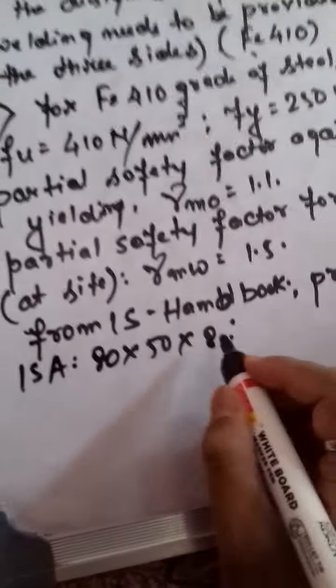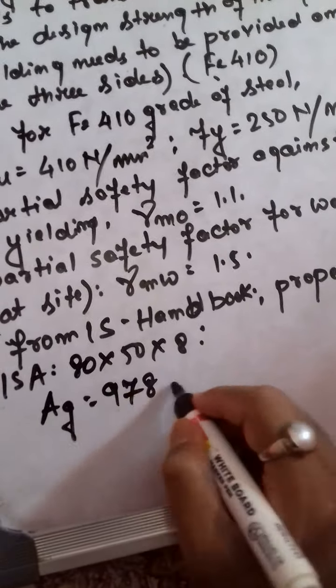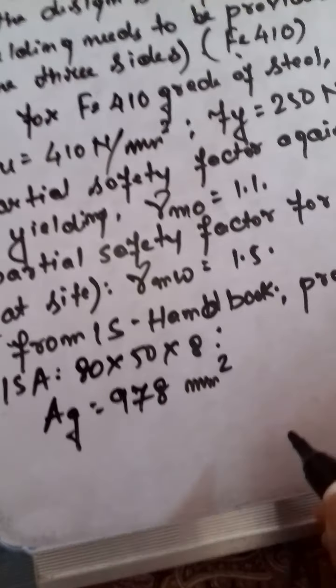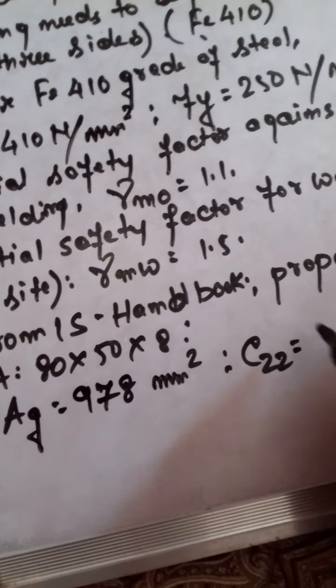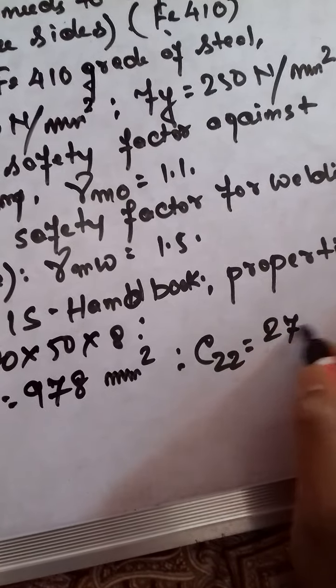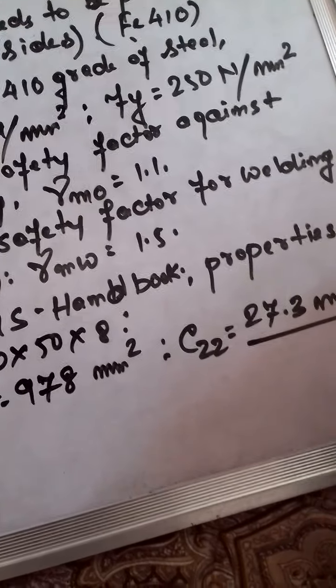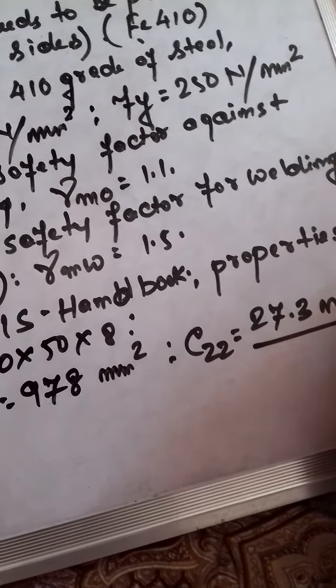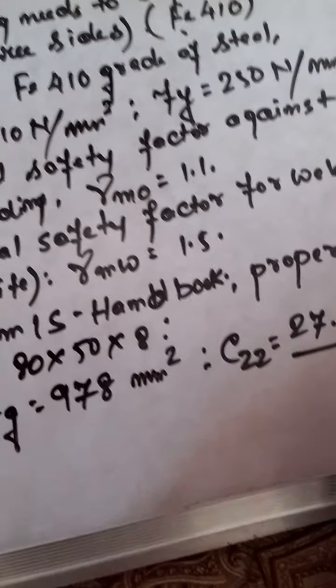The properties are AG equal to 978 mm square and the radius of gyration is equal to 27.3. See, this is the distance of the resultant force from the lower end of the angle. I will show you with the help of a diagram.